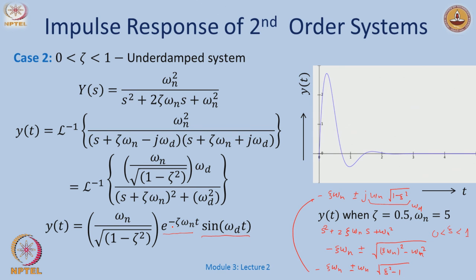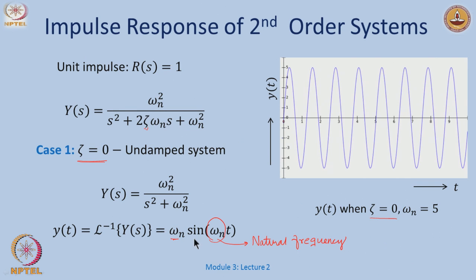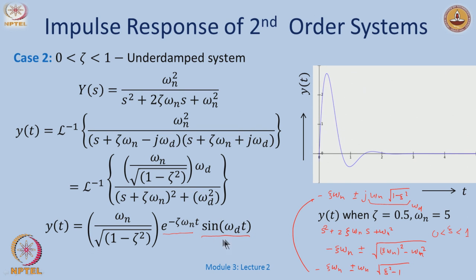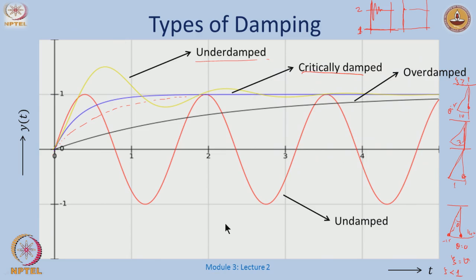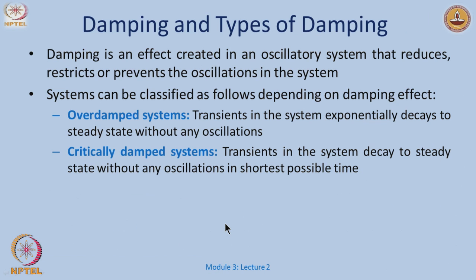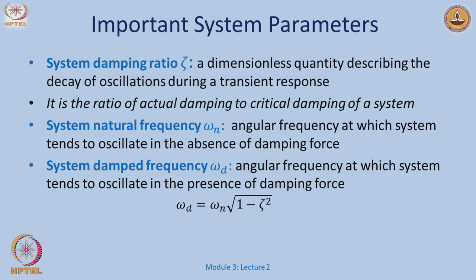Earlier I had sine omega n t, whereas here I still have a sine wave, but with a different frequency, omega d, and therefore I call this the damped frequency.